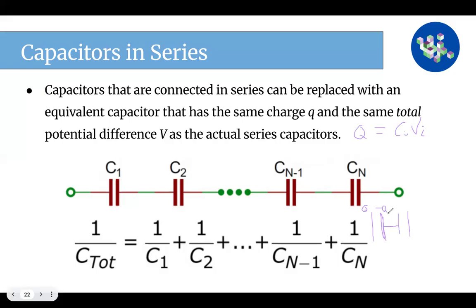So the next capacitor here will have to have the same amount of charge. So the charge on each capacitor has to be the same, but the capacitance and the voltage across each capacitor do not have to be the same, meaning that V_i equals Q over C_i.